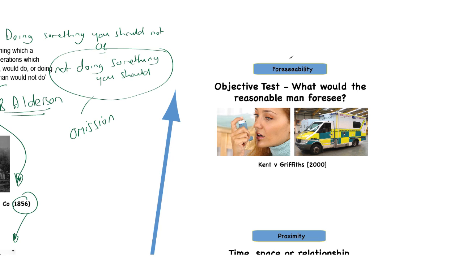So, let's start with foreseeability. Remember, this is the Caparo test. And stage one of the Caparo test is, was there reasonable foreseeability? And foreseeability is an objective test. It means, what would the reasonable man foresee? Think about Donoghue.